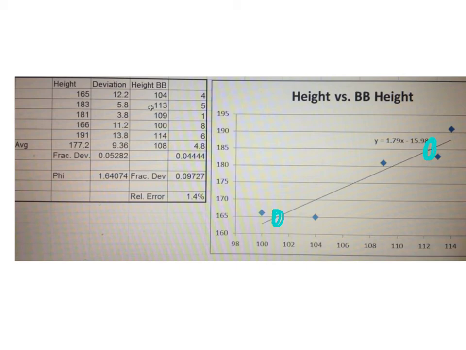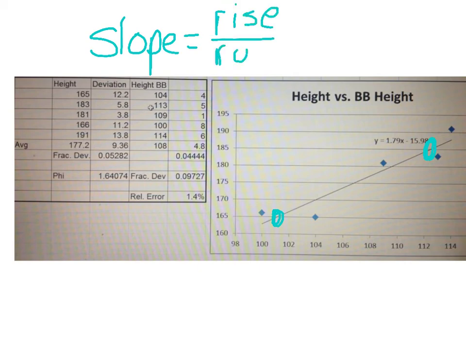Now, if you remember, the slope is equal to the rise divided by the run. The rise corresponds to your change in y, so your change in y is going to go from here to here. So this is going to be your delta y. And your run is going to correspond to the values for your x-axis.